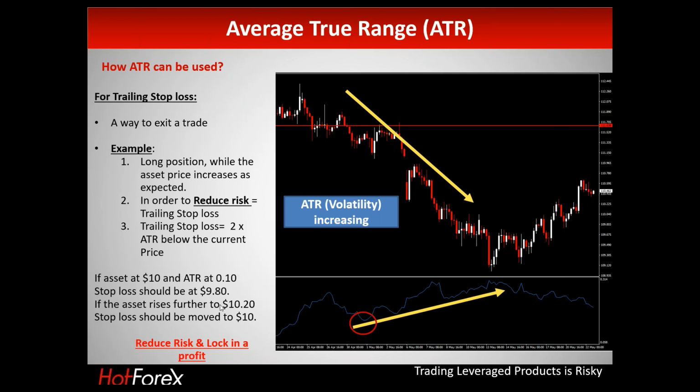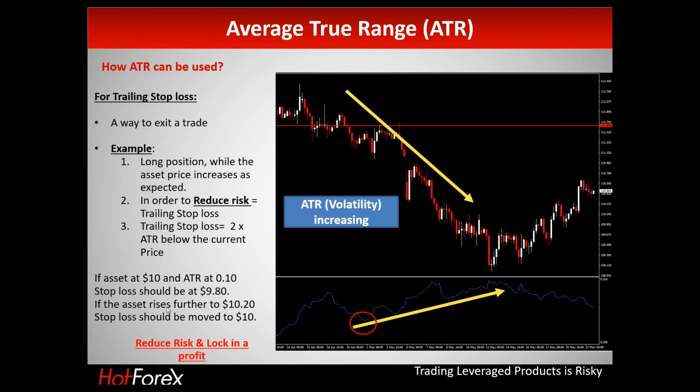Here's an example. That doesn't comply with this chart, but just concentrate on the written example.